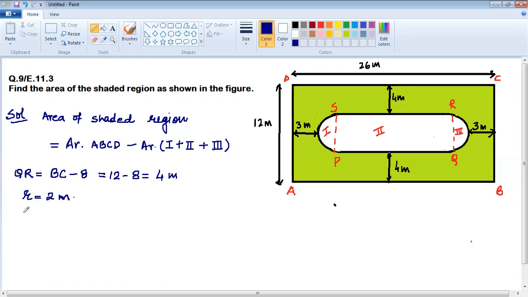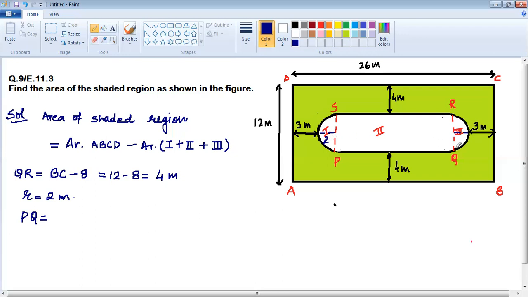To find PQ, PQ would be equal to total length 26 meters minus 3 meters minus 3 meters and minus the radii of these two circles. You can see this and this also has to be reduced. As we have calculated, r is equal to 2 meters.